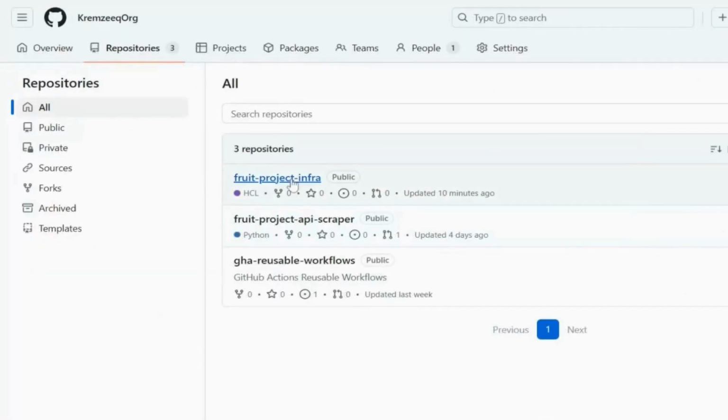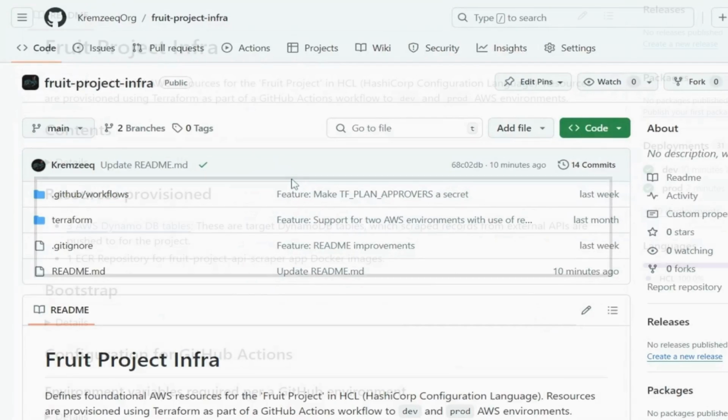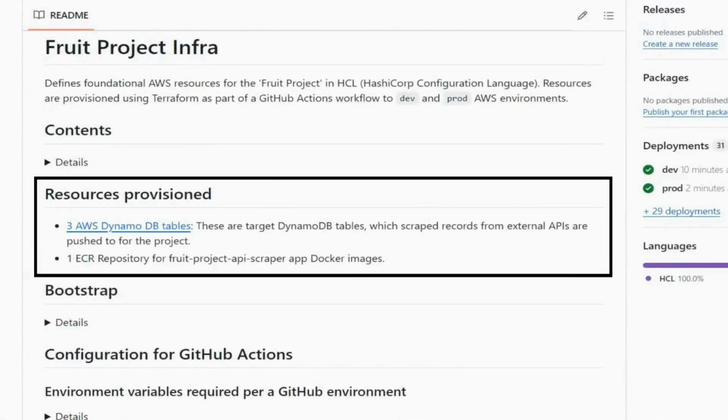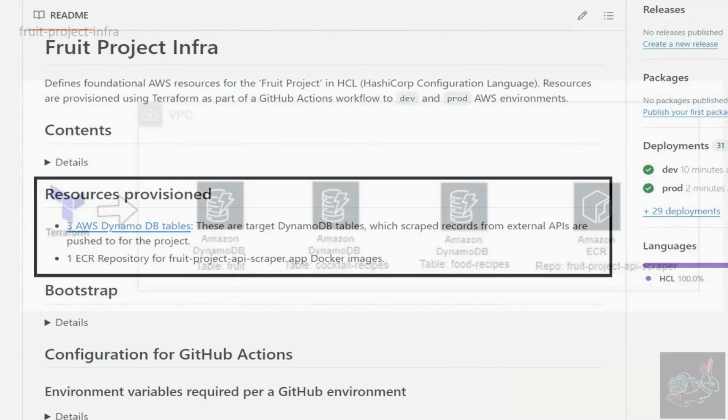Firstly, let's look at Fruit project infra. In this repo, foundational AWS resources are defined for the Fruit project. This includes 3 DynamoDB tables and an AWS ECR repository.